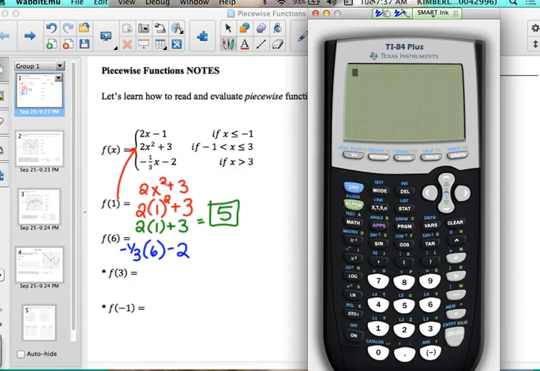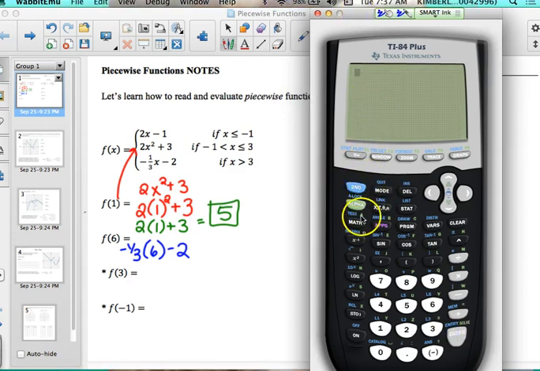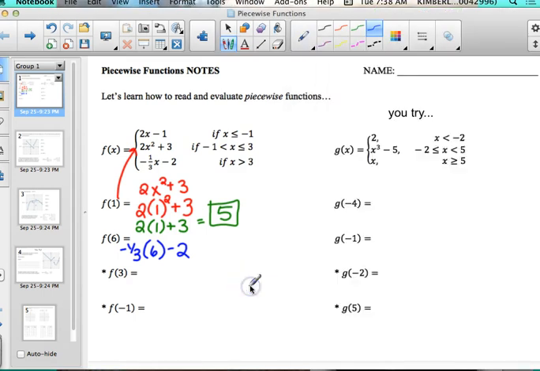Of course, mine's not going to work because mine's an older version, but again, alpha, y equals, and enter for a fraction, or you could just do a division sign. So I'm going to do -1/3, plug in 6, and then subtract 2. So you should get -4 for the second answer.